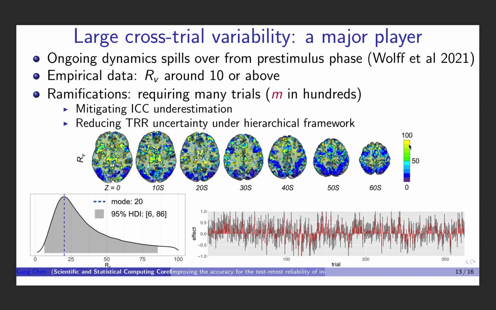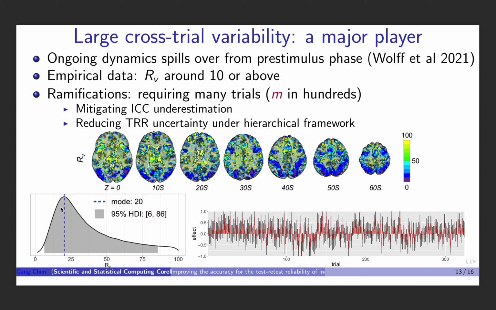The warm color is above 50. The important regions for this data set and task are those blue regions that are around 10 or around 20. Some regions are even higher, but most of the higher ratio regions are in CSF and white matter.